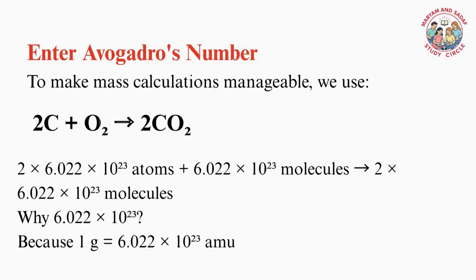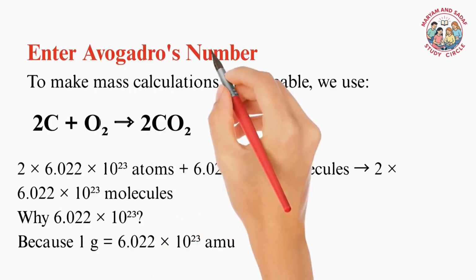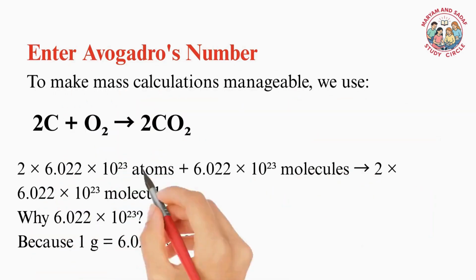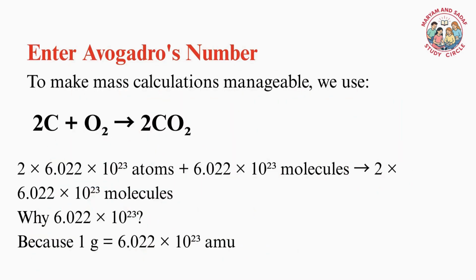Why 6.022 times 10 to the 23rd power? Because 1 gram equals 6.022 times 10 to the 23rd atomic mass units.